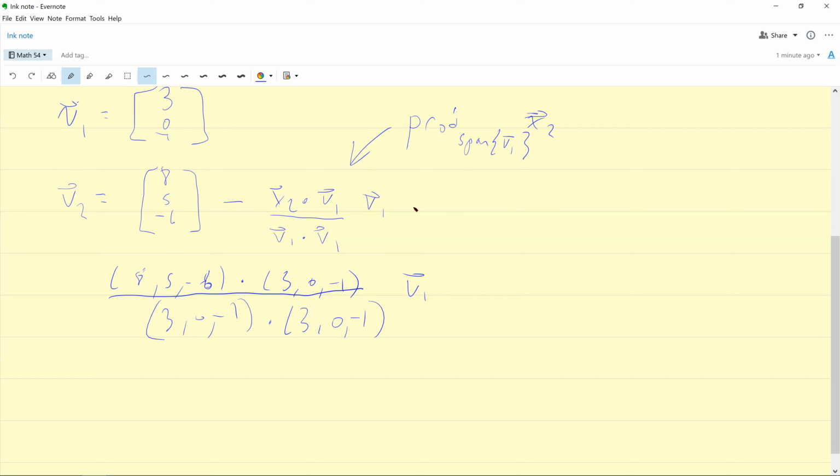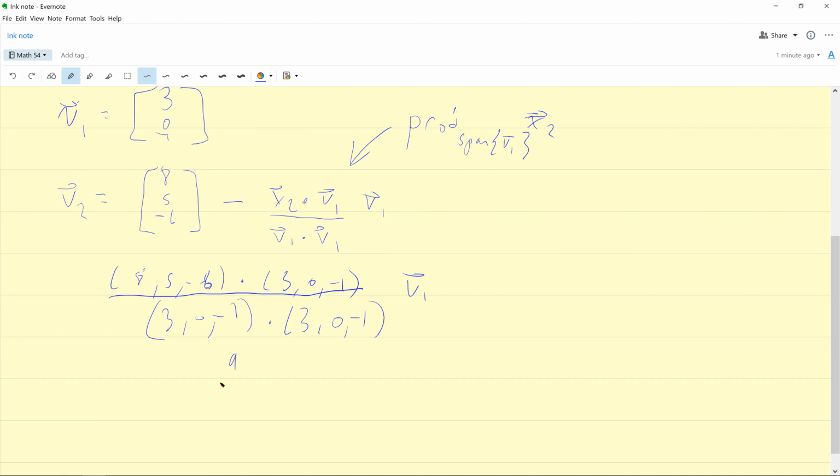What did you guys get for this numerical value? Nine, zero, negative 3.